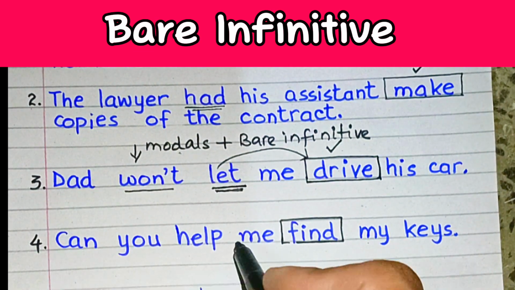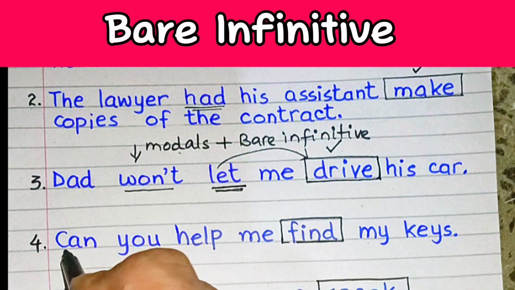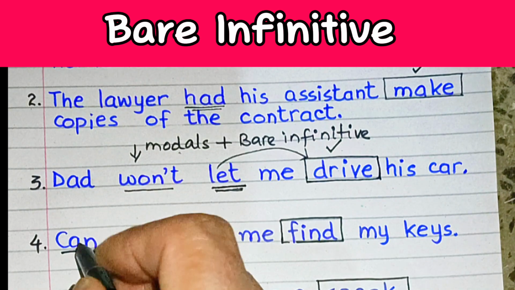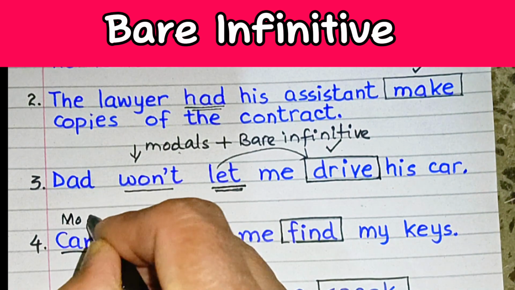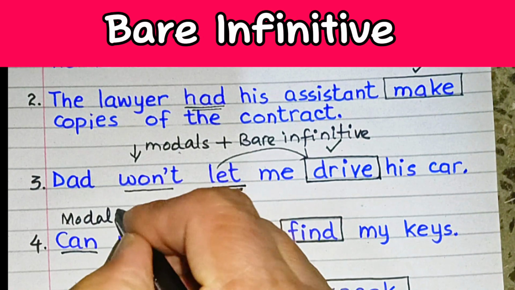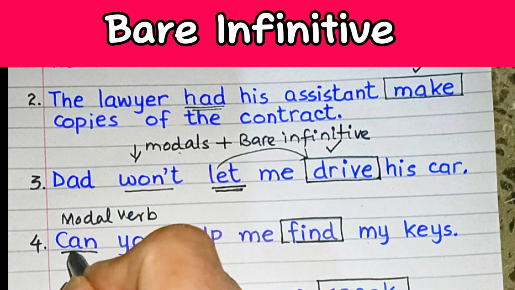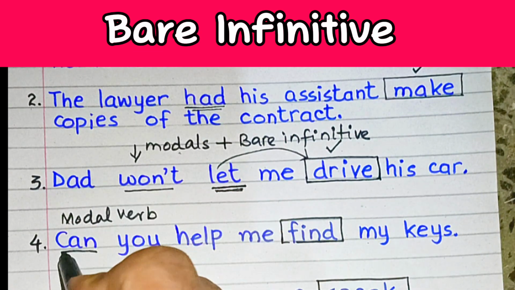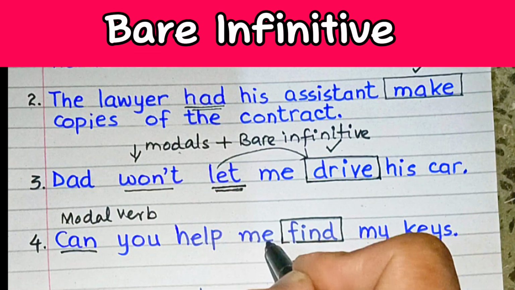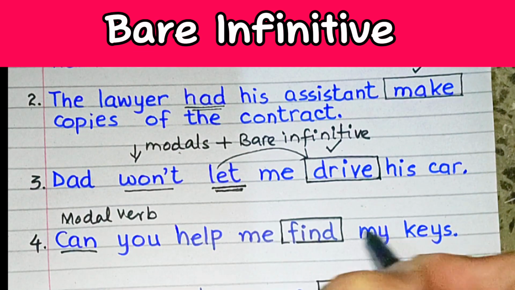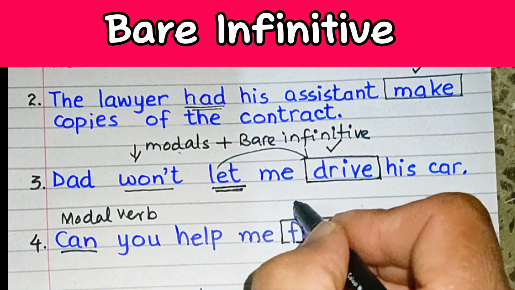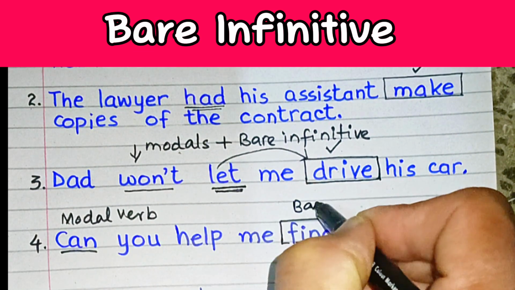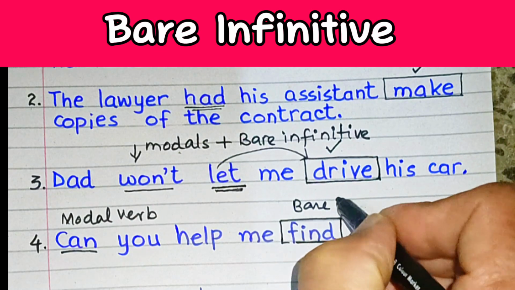Number 4, can you help me find my keys? Again we can see that can is a modal verb. Can you help me find my keys? So can is followed by this bare infinitive.